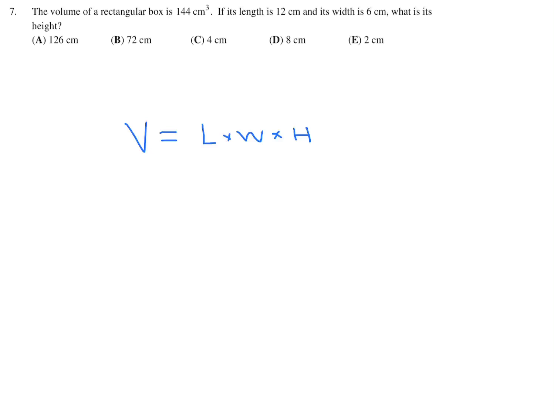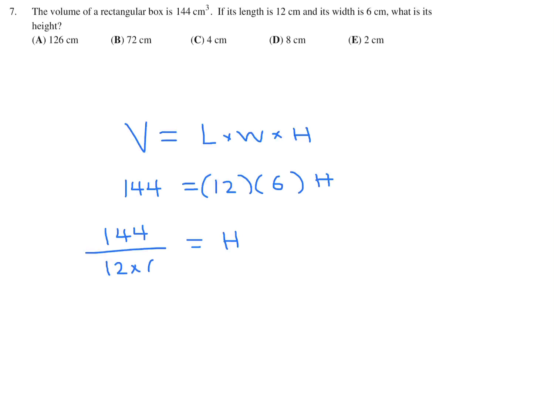And they've told you that the volume is 144, and they've also given you the length, and they've given you the width as well. So all we really have to do is solve for h. So therefore h will be equal to 144 divided by 12 times 6, and this is going to give you a value of 2 for h. So 7, the answer is E.